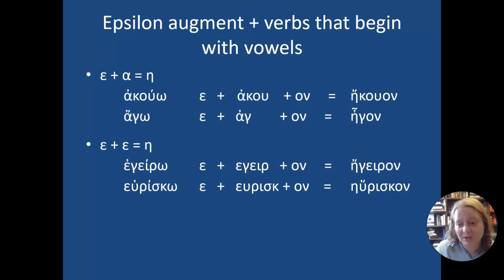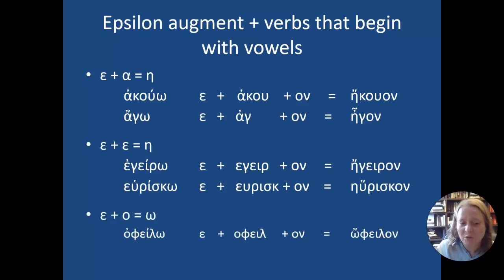If you come across a verb that has an eta at the beginning, stop and think. Is this in the past tense? Like, are there maybe two vowels here? One more. If you have an omicron, the omicron is pretty powerful, and so it takes over things and makes it an omega. So opheilo, which means I owe, the epsilon, plus opheil, plus your secondary ending.